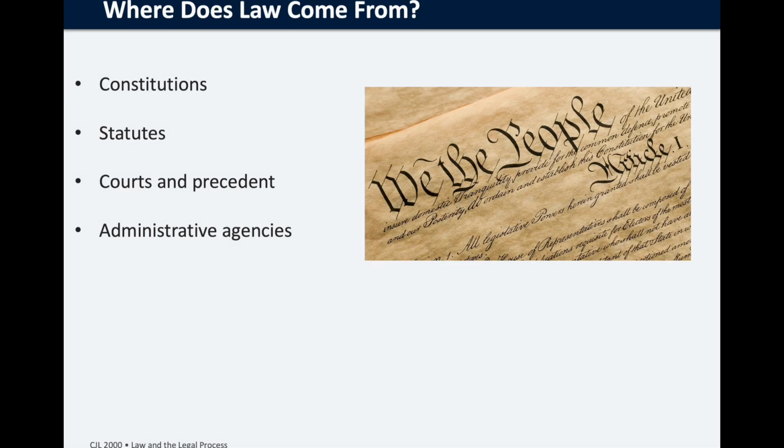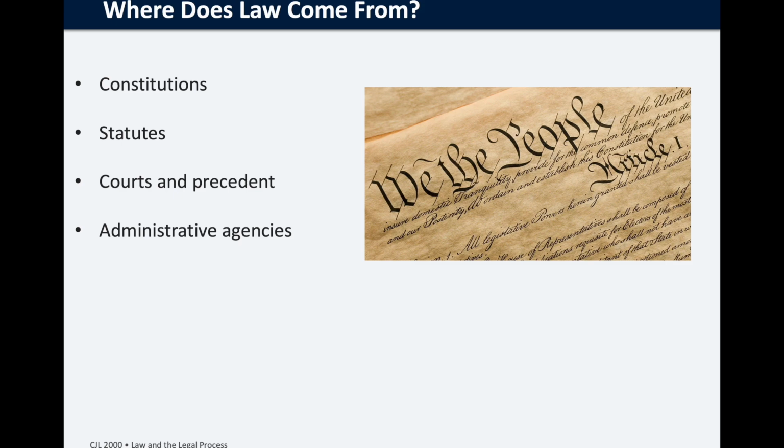So where does the law come from? Well, the law is derived from Old English common law. One of the more important concepts in American law is that legal authority comes from multiple different sources simultaneously. The first major source is our Constitution, which serves as the supreme law of the United States. Constitutional provisions establish governmental powers and protect individual liberties. Now, the second source is statutory law. Legislatures pass statutes at both the federal and state levels.